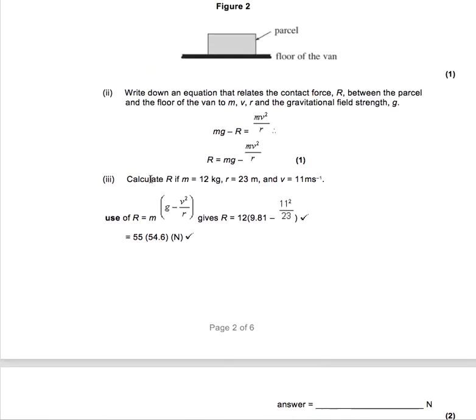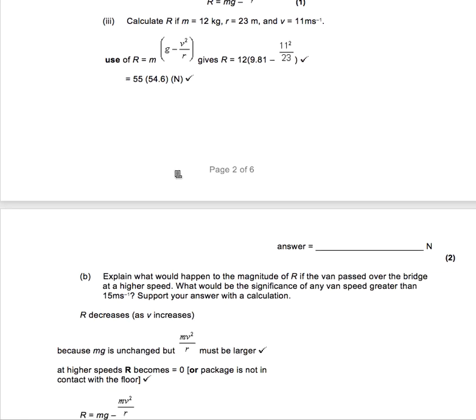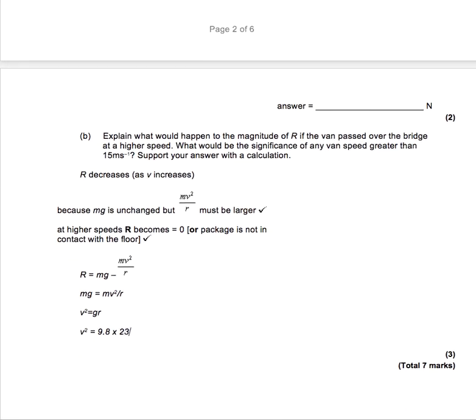We can find that. Yes, no, sorry, r is 23. So if we do 9.8 times 23, and take the square root, we get v equal to 15.01 meters per second.